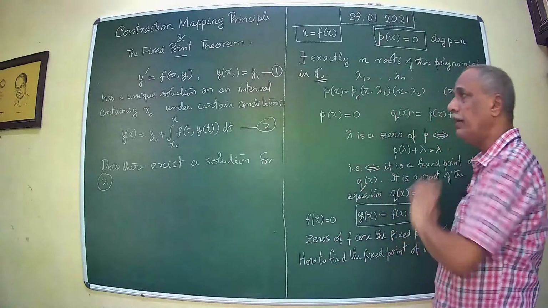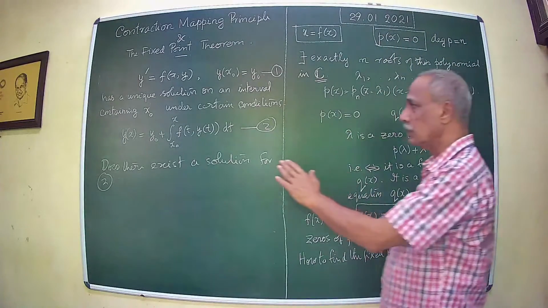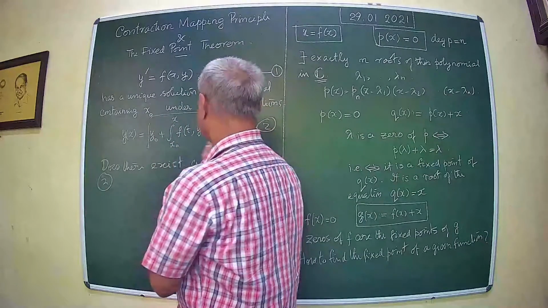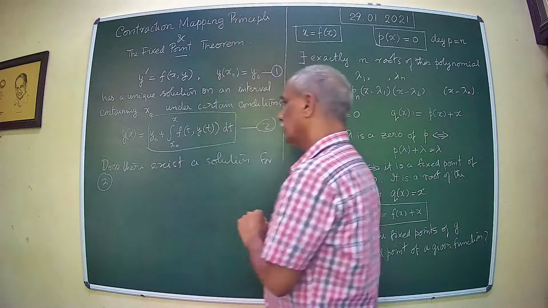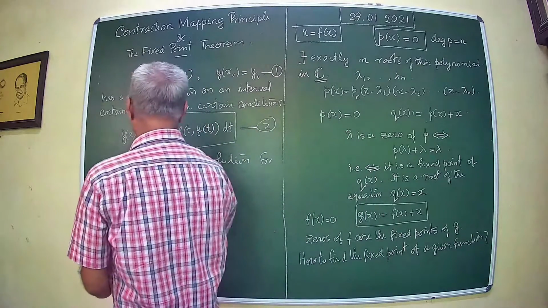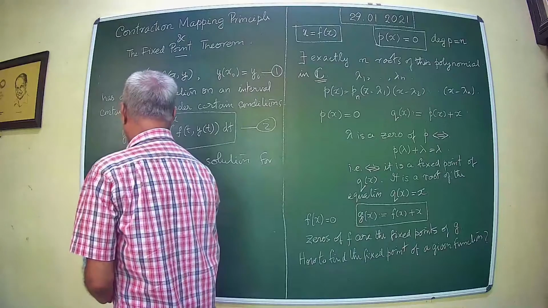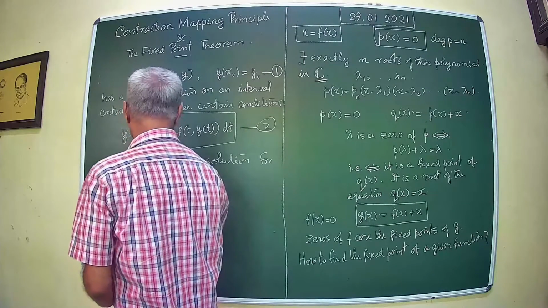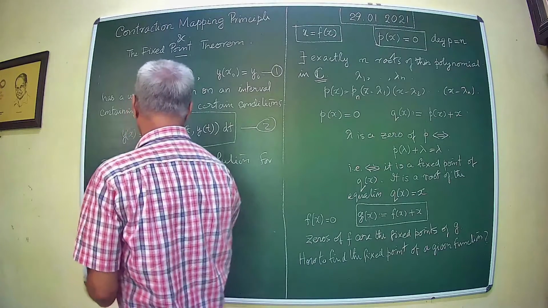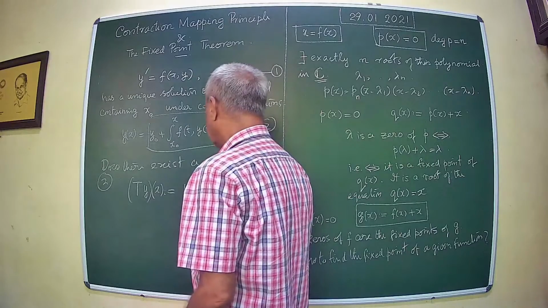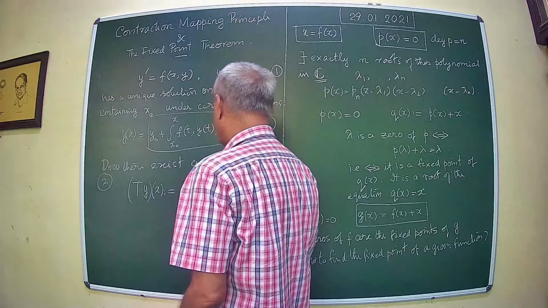Now if you carefully look at this, I take this part, and formally I can write it this way. Let me define T of y as y naught plus the integral from x naught to x of f(t, y(t)) dt.